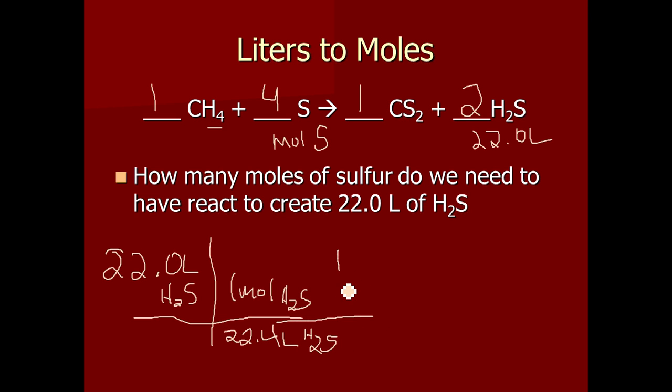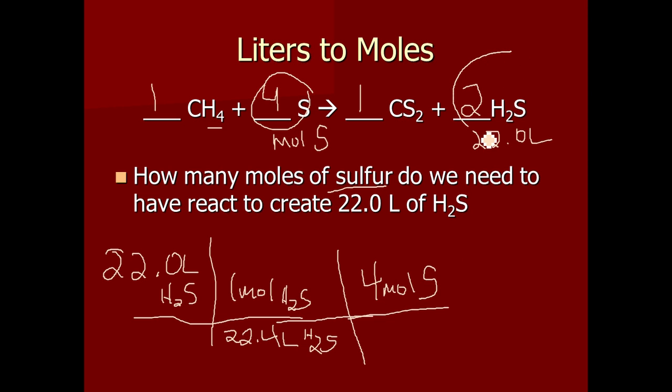And then the last step, moles wanted over moles given. Well, we're looking for moles of sulfur, so that's this guy. So I'm going to put 4 moles of S over 2 moles of H2S.